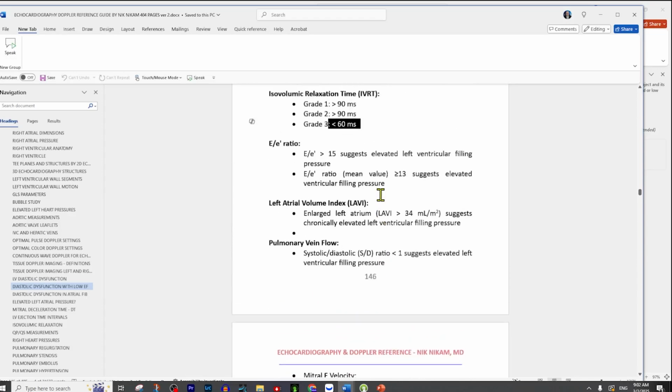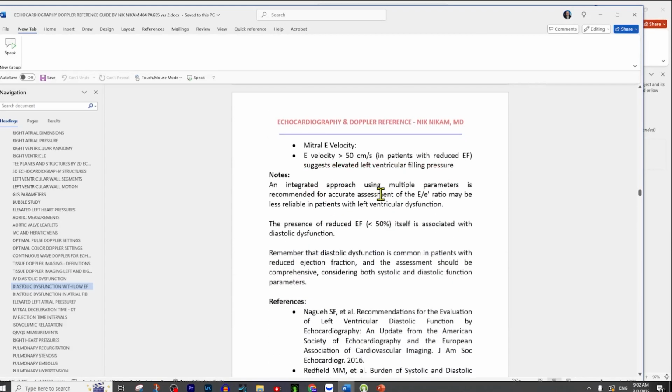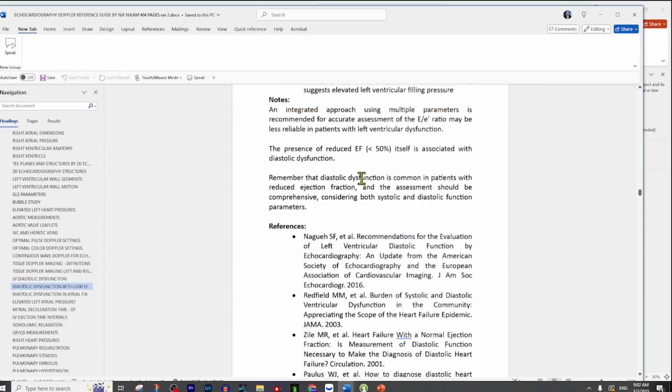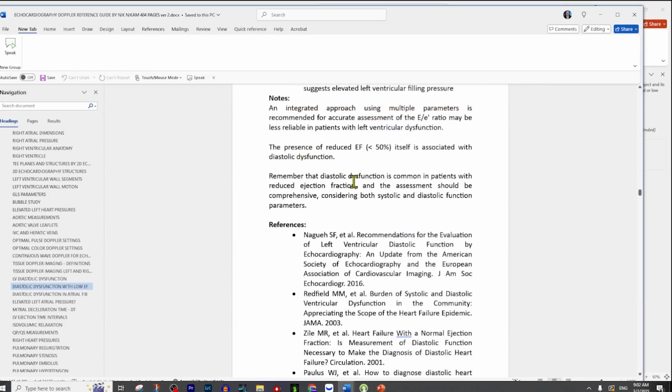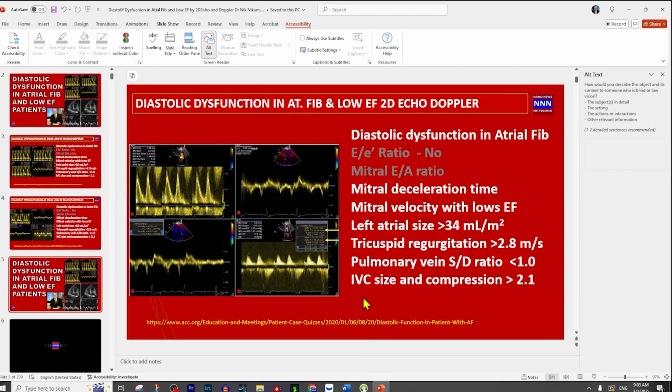We talked about tricuspid regurgitation, which is not here, that is greater than 2.8 meters per second. So when we put all these things together in patients with low ejection fraction, and if you find these things, let me summarize in this next slide here.